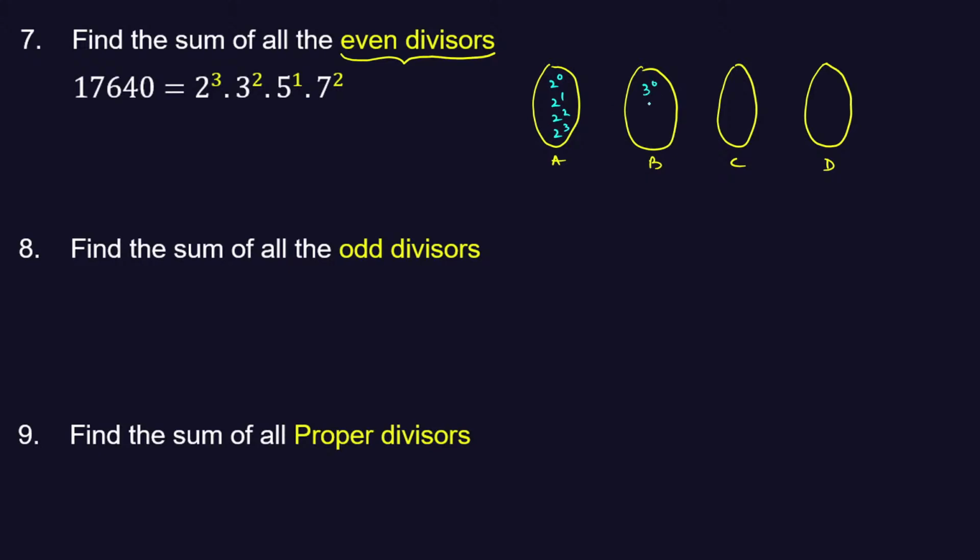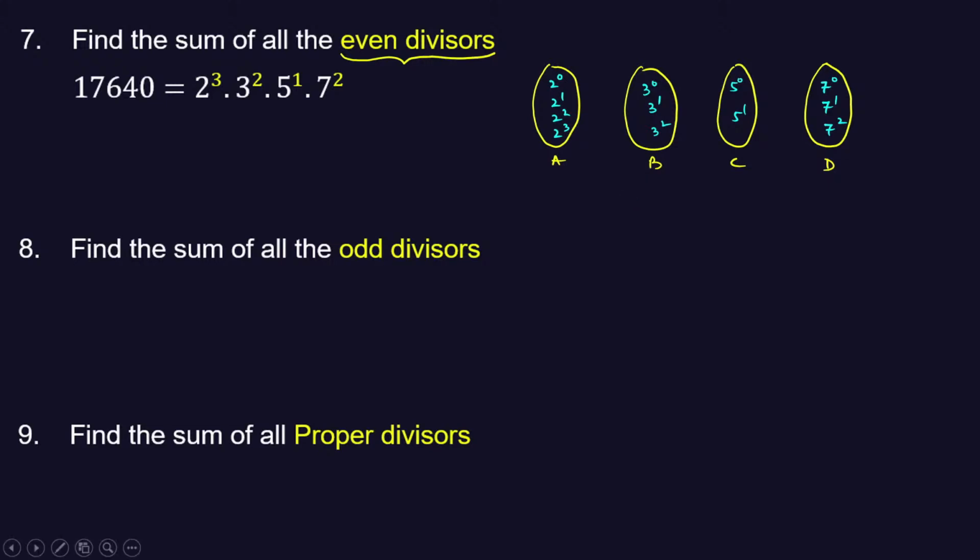Here it is 3 to the power 0, 3 to the power 1 and 3 square. 5 to the power 0, 5 to the power 1, and 7 to the power 0, 7 to the power 1 and 7 square. Now to find the even divisors, we have already discussed this.